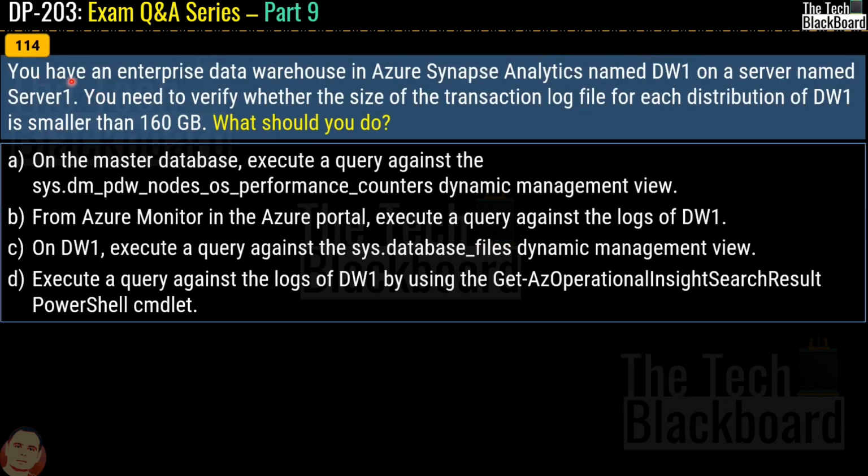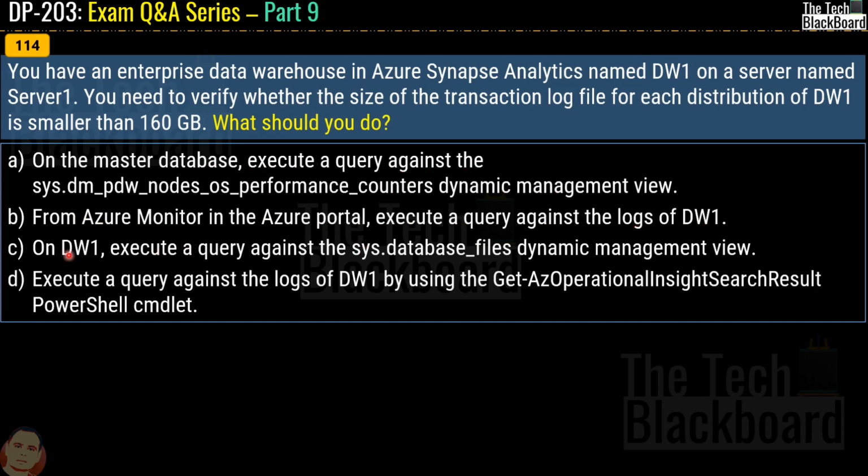The question says that you have an enterprise data warehouse in Azure Synapse Analytics named DW1 on a server named server1. You need to verify whether the size of transaction log file for each distribution of DW1 is smaller than 160 GB. What should you do? And your options are: on the master database, execute a query against the view given here. The second option is from Azure Monitor in Azure Portal, execute a query against the logs of DW1.